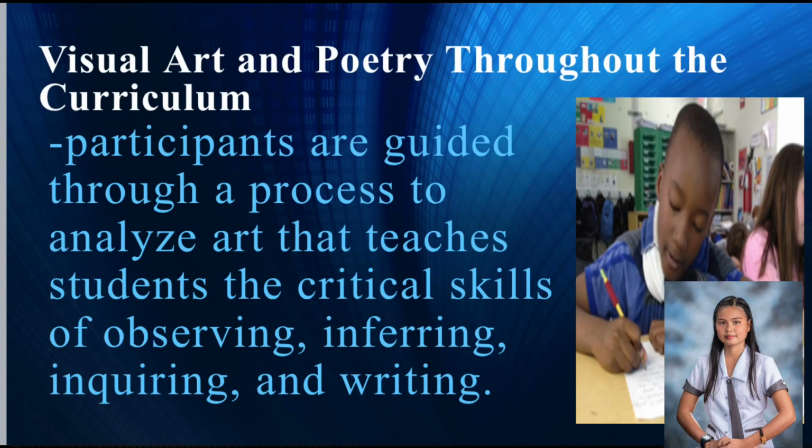Visual arts and poetry throughout the curriculum. Participants are guided through a process to analyze art that teaches students critical skills of observing, inferring, inquiring, and writing. This analysis becomes a springboard for writing as students discover there is so much to write about when they slow down and discover the power of observation.